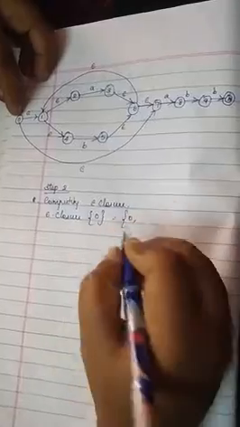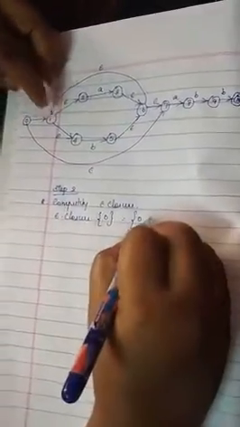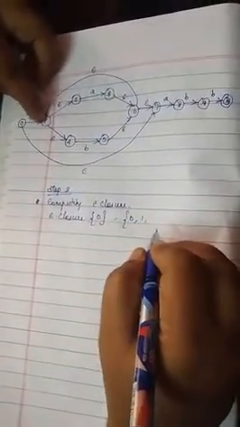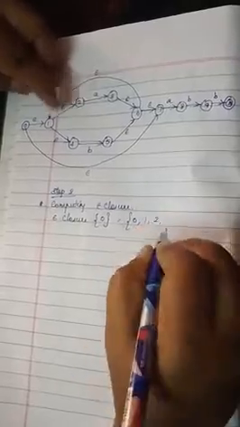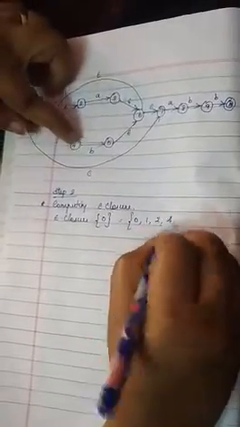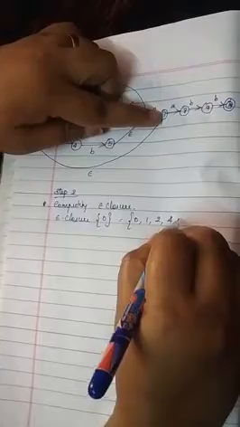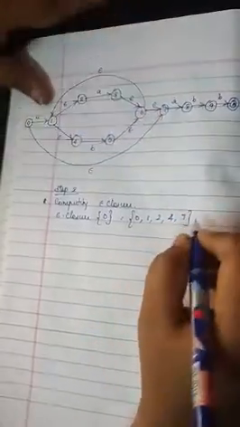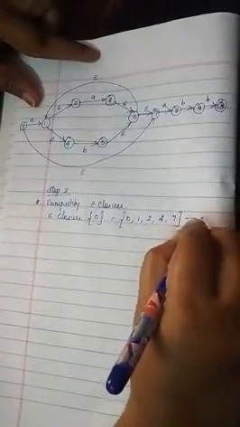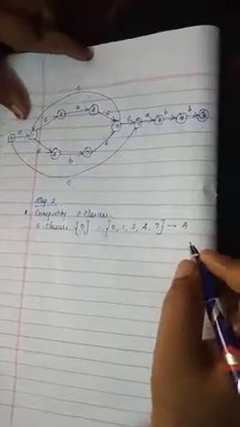So for 0 we add the initial state 0. 0 is connected with 1 by epsilon transition, 1 to 2, 1 to 4, and again 0 to 7. This is the epsilon closure state, which is set A.